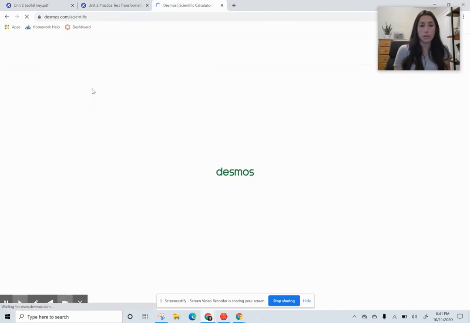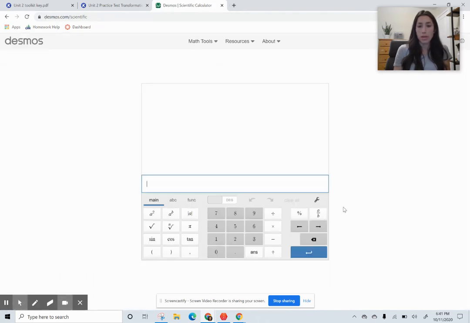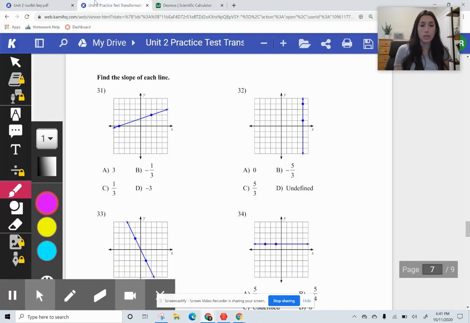Go here, open up that scientific calculator, and you can put in a fraction here. So we could put, for example, negative 4 over 8, and it would give us our simplified answer, and we want it in fraction form, so it would put it back into a fraction for us. So you can always use your own calculator, or if you want, open up a scientific Desmos calculator. That would be great. So I'm going to give you a moment.